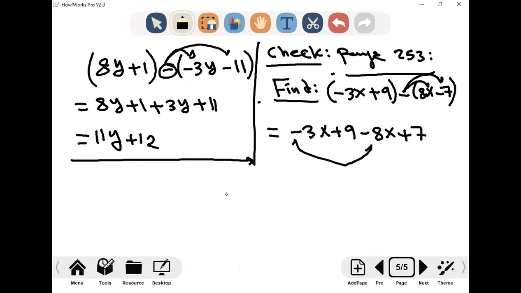Same signs, we add and put the same sign. What's the same sign? So what's the answer? Negative 11x. Right? Is that what you said? Negative 11x. Then 9 plus 7, positive 16.